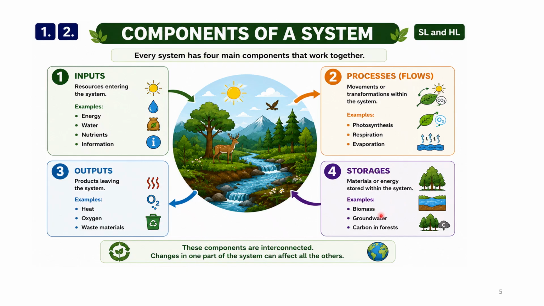Biomass stored in trees, groundwater stored beneath the soil, and carbon stored in vegetation are important examples. These components are closely interconnected. A change in rainfall, for instance, affects water storage, influences ecological processes, and ultimately alters the outputs produced by the ecosystem. Understanding these relationships helps us analyze how environmental systems function and respond to change.